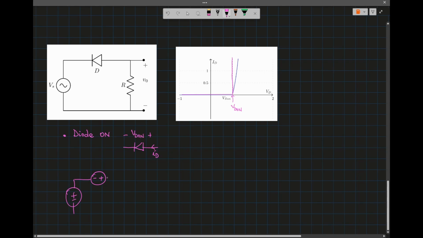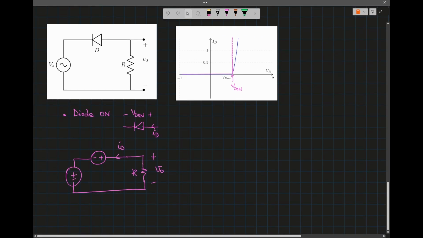And the current ID will be in that direction, and then we have the resistor R, and we still have the voltage across the resistor. So this is VI.